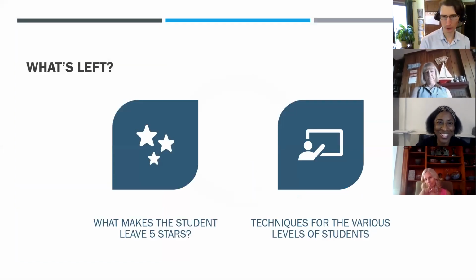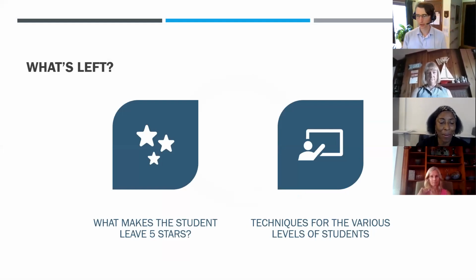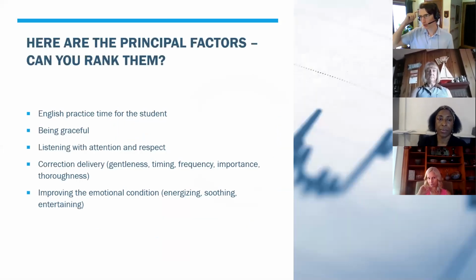So we have 2 topics left. We're going to talk about what makes the student leave 5 stars, and we'll talk about techniques for the various student levels. So first, these are the most important factors, I think, that determine if the student will give you a good rating or not.